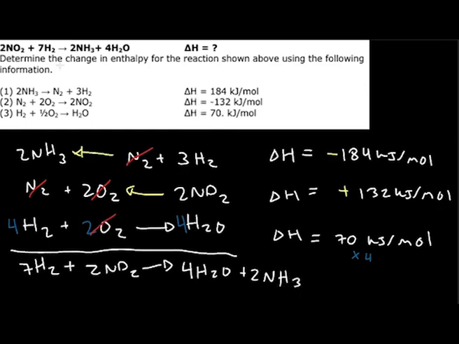And this matches our desired equation up here. So now we can add up these delta H's after manipulating them, and we can see that the final enthalpy change for our desired equation is 228 kilojoules per mole.